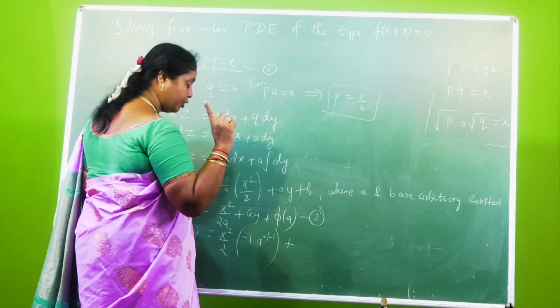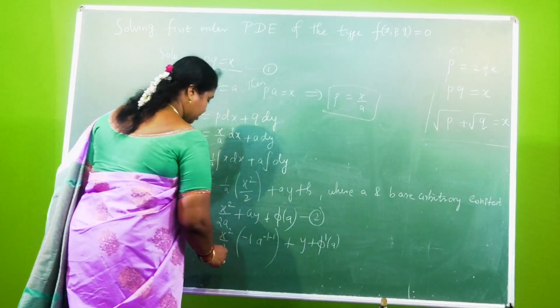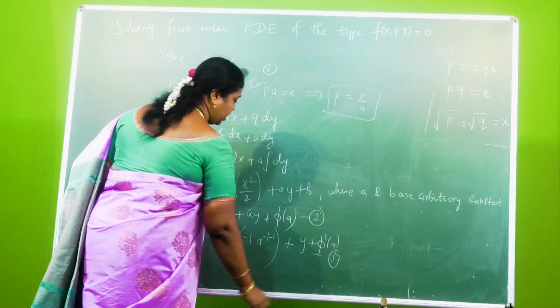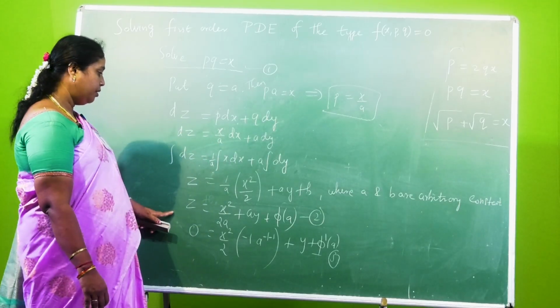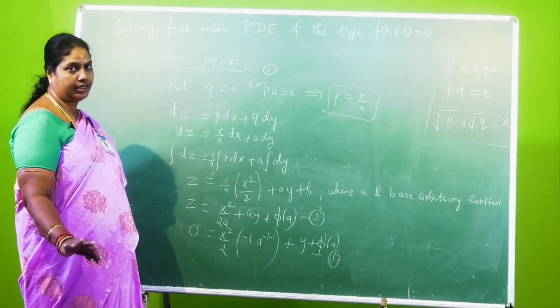Differentiating a with respect to a, what will you get? 1. So it is simply y equal to phi dash of a. This is equation number 3. What you should write: by elimination of a between 2 and 3, we get the required general integral.